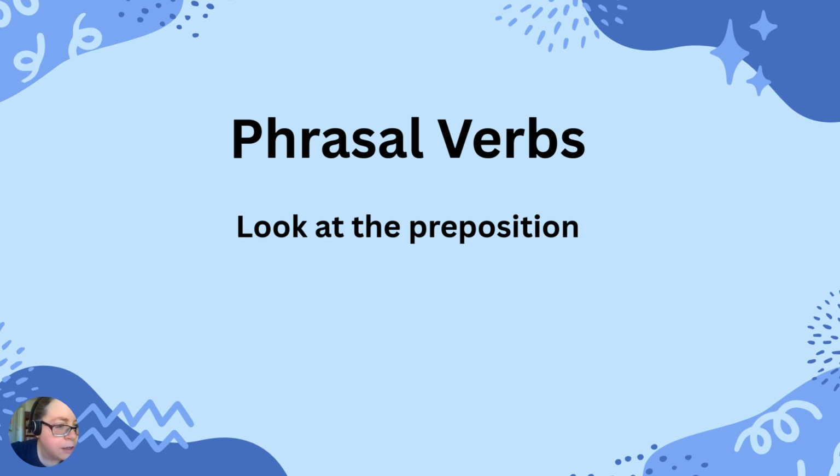Today, let's talk about phrasal verbs, what they are, and how they really work. And my tip for you, my point in this little lesson, is to think about phrasal verbs by looking at the preposition.